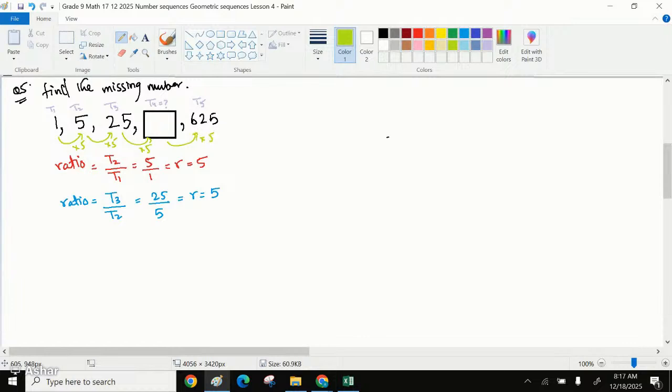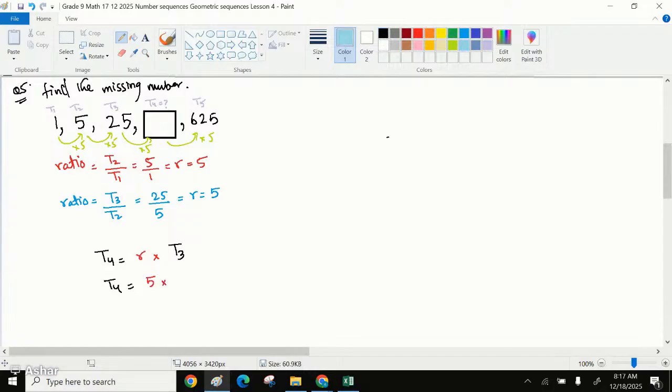So we can write the statement: term number 4 is the ratio times the previous term. That means term 4 is 5 times its previous term.